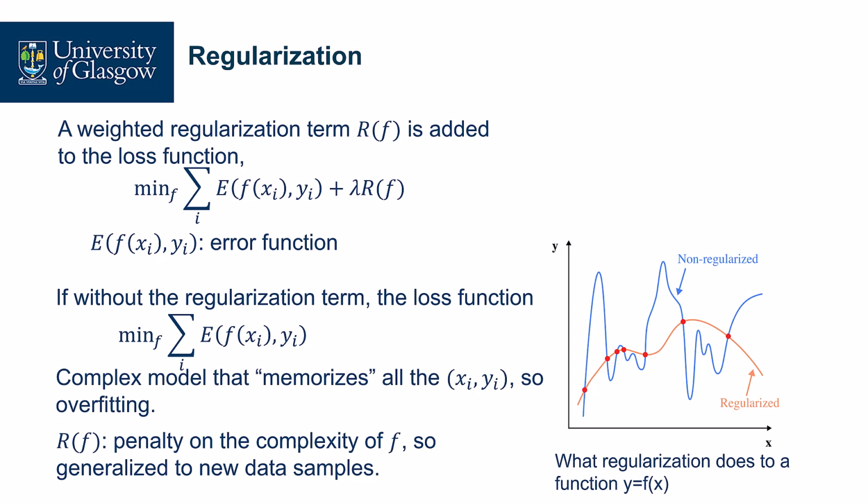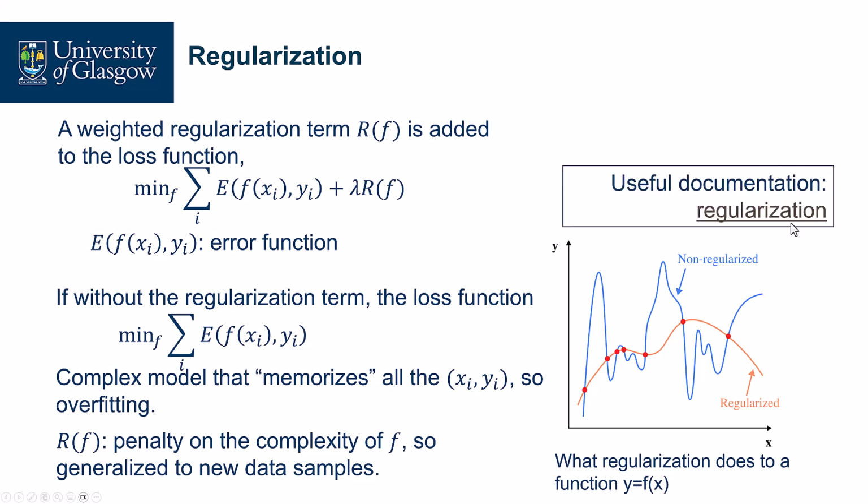Also this weight lambda is important. If it is too large, this term will dominate the loss function, and it may lead to underfitting. If lambda is too small, this term may not have a big impact. So lambda needs to be carefully selected.